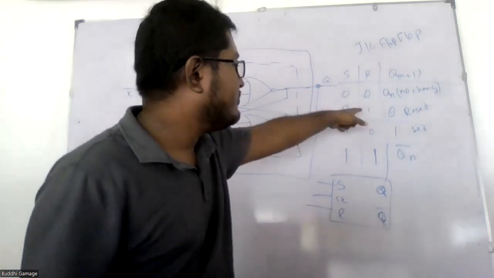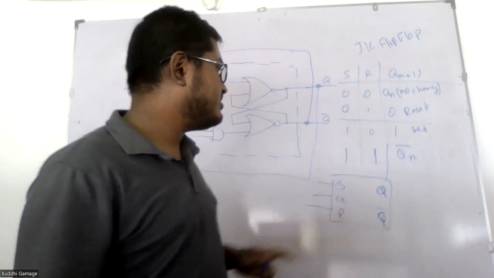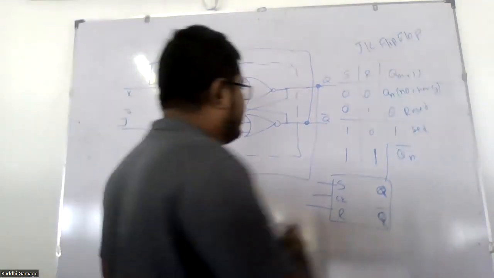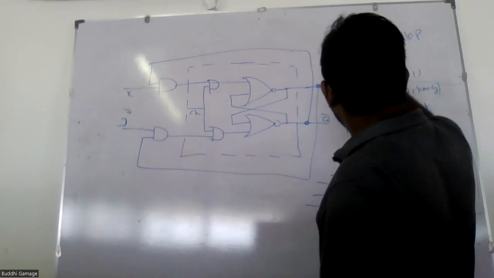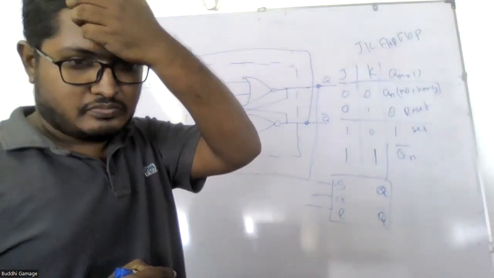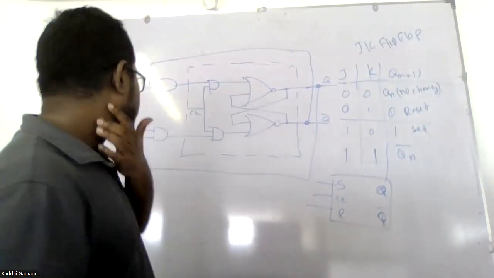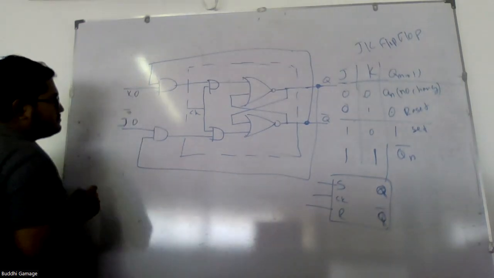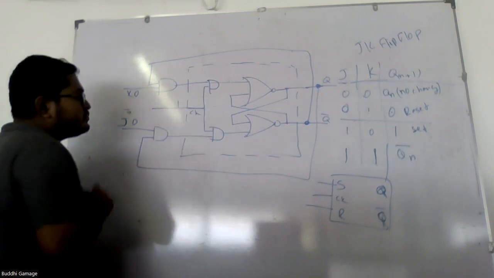Where S is 0 and R is 1, that state is reset, and where S is 1 and R is 0, that state is set. Now consider you have this case, these are J and these are K. This is the JK flip-flop diagram. In every state the clock signal is 1, right?